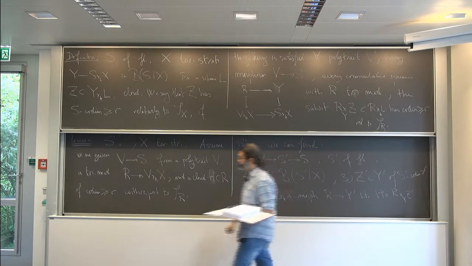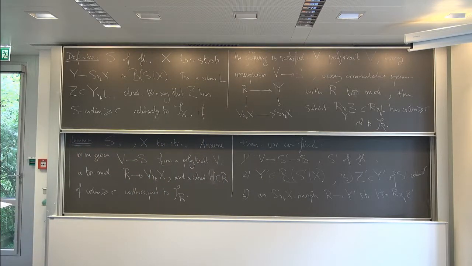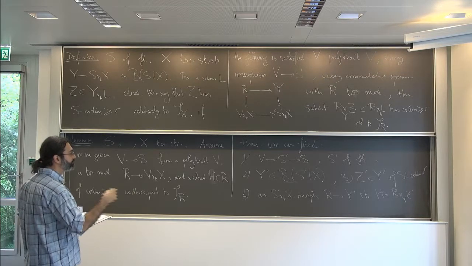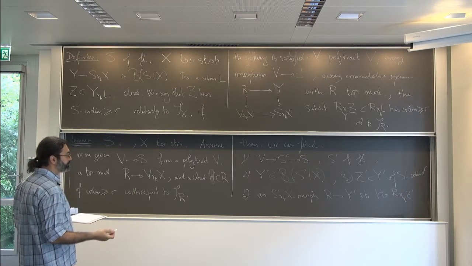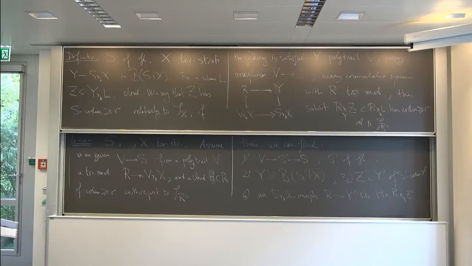So in some sense, what this is saying is that the notion of having codimension bigger than r relatively to S behaves well in limits. It's some kind of approximation result. If you start with something over the limit, which is V, we can approximate it by something over S prime, which is of finite type.